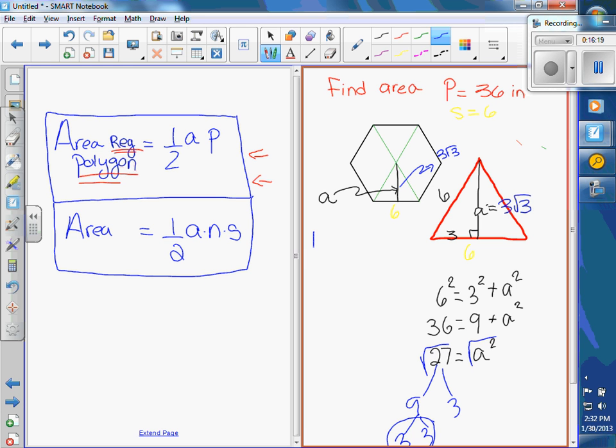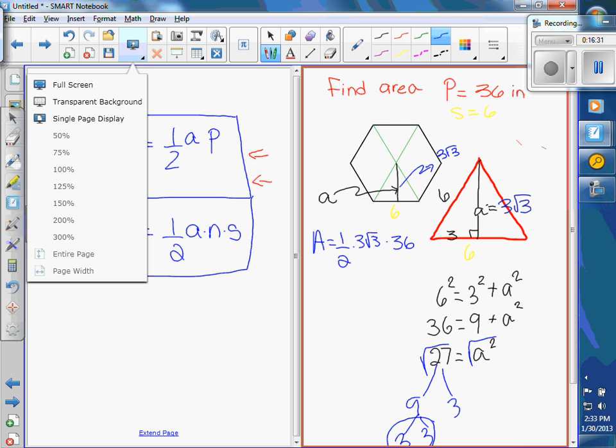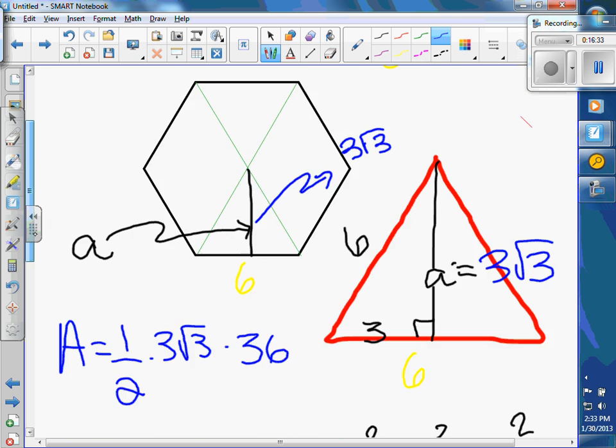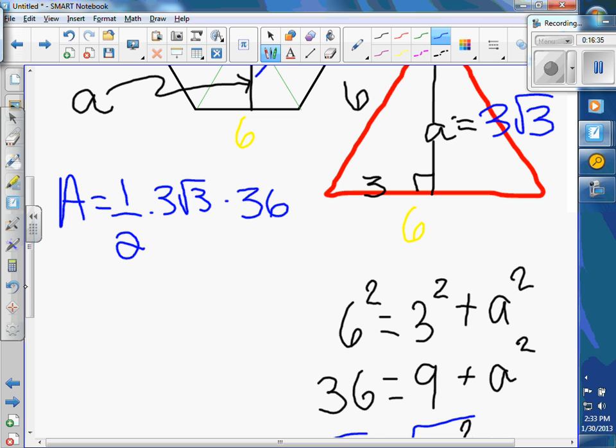So if we use the formula, the area is 1/2 the apothem, which is 3 root 3, times the perimeter, which is 36. Then let's keep practicing multiplying skills, right? Don't multiply all that out. That's 18, right?